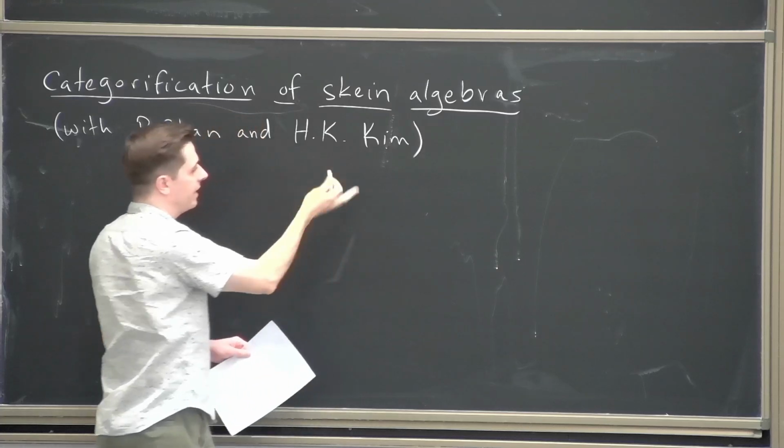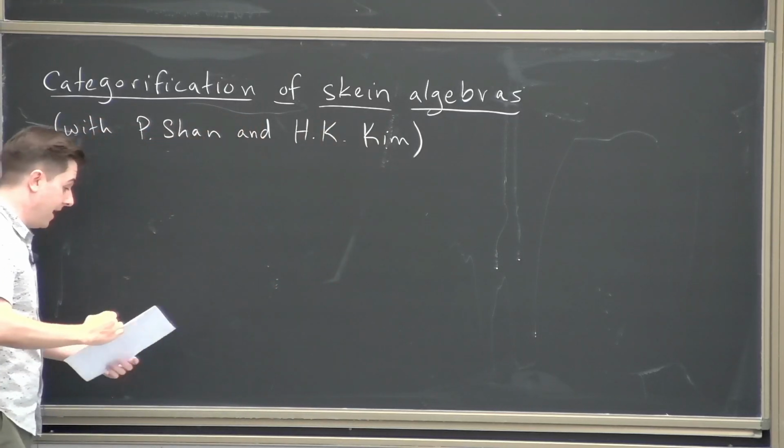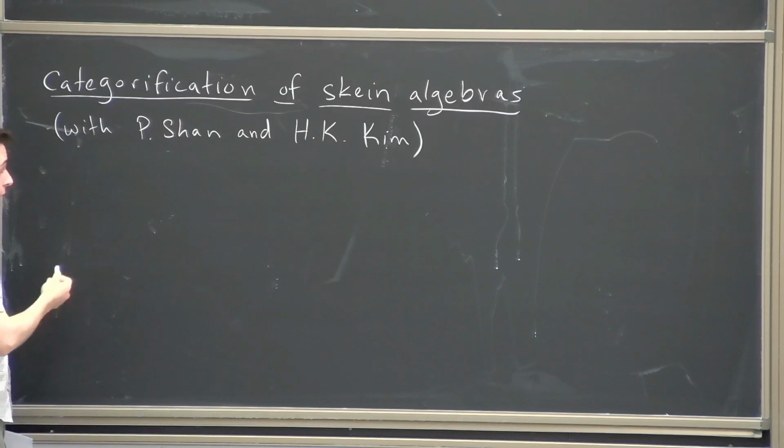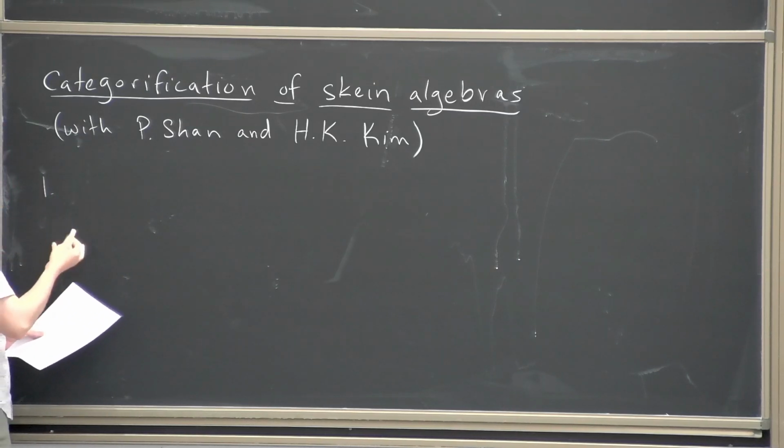So in the beginning of the talk, I'm going to explain what a skein algebra is. And to motivate the topic, I'm going to start with the notion of a character variety.